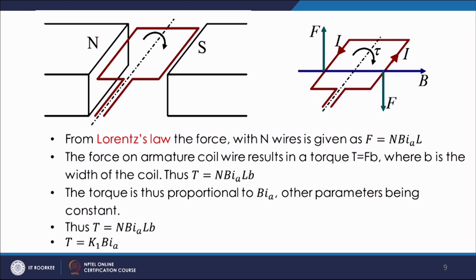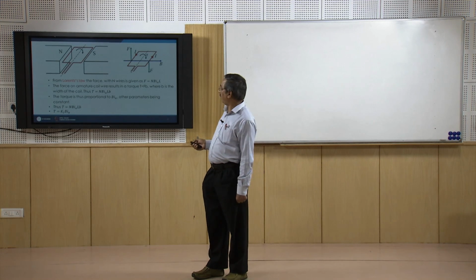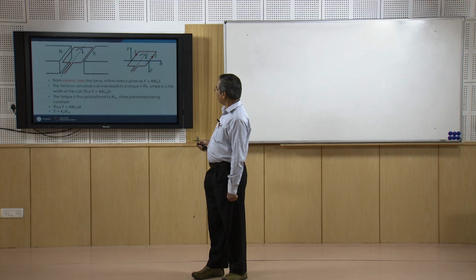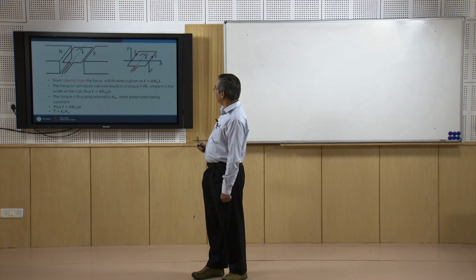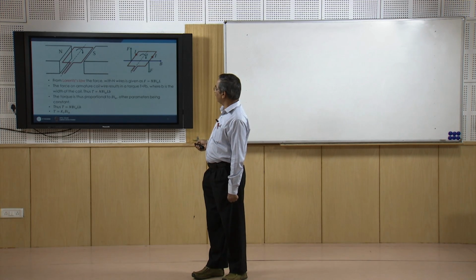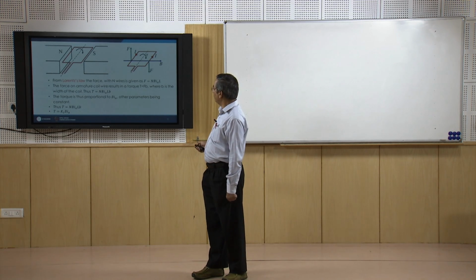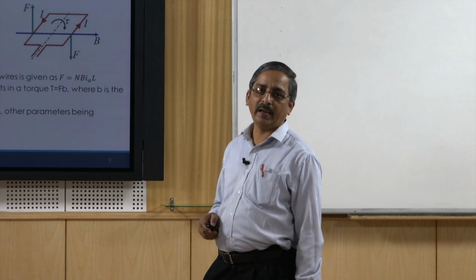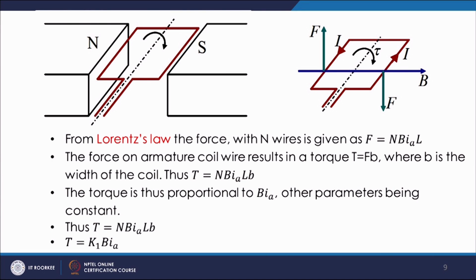Now, if you look at this expression, you can see that this torque is proportional to B I A. Of course, N is fixed, the number of conductor coils is fixed, L is fixed, b is fixed, because these are the length parameters and the number of coils. So basically this torque is proportional to B and I A, where B is the magnetic field and I A is the current through the conductor.